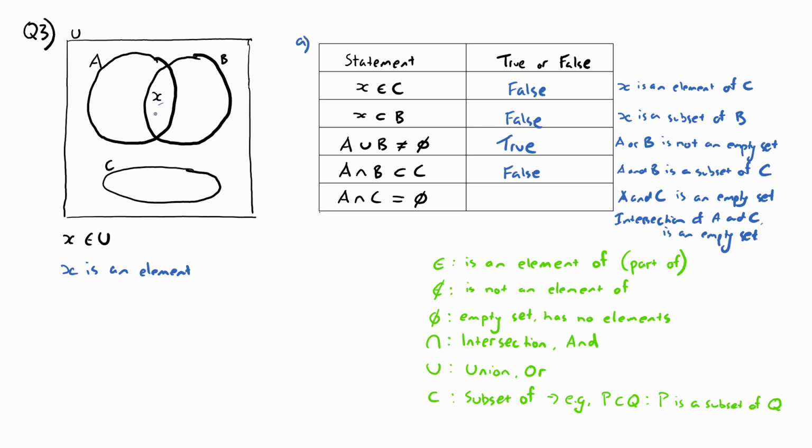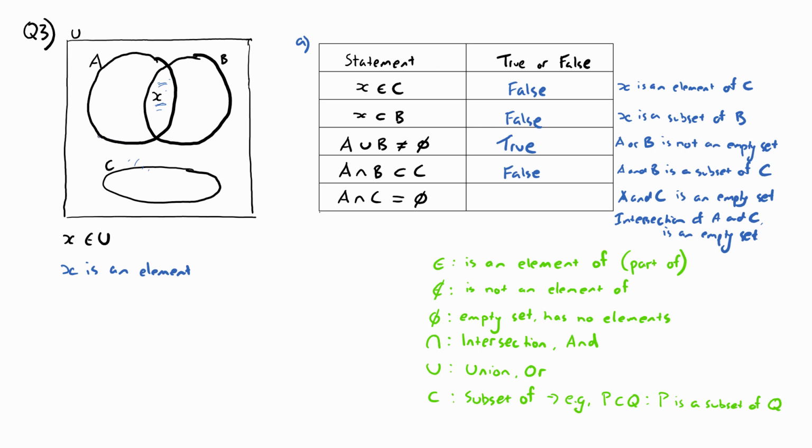Okay, let's have a look at this. What does this mean on the Venn diagram? Where is the intersection of A and C? Well, there isn't any intersection. They don't cross over in any way. The intersection of A and B is here, and this is not an empty set because there is an element X within it. However, the intersection of A and C is an empty set. There is no element that lives between these 2 points.